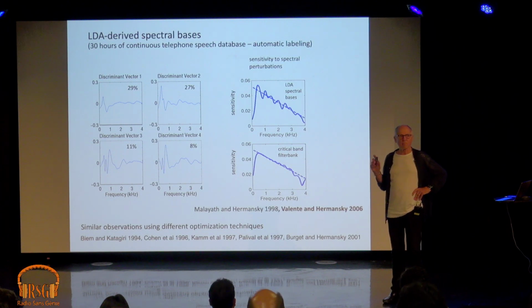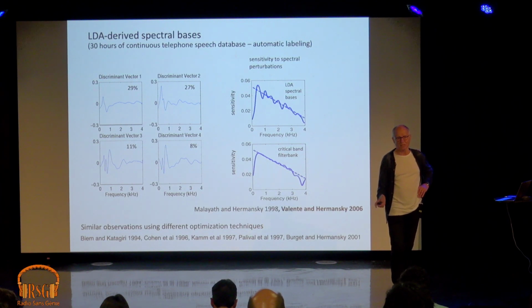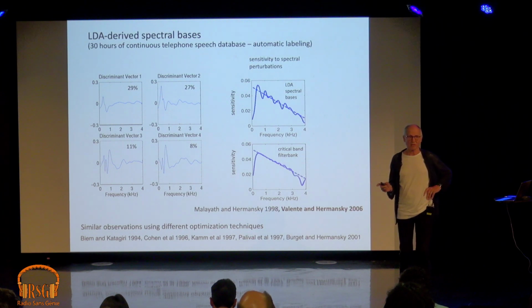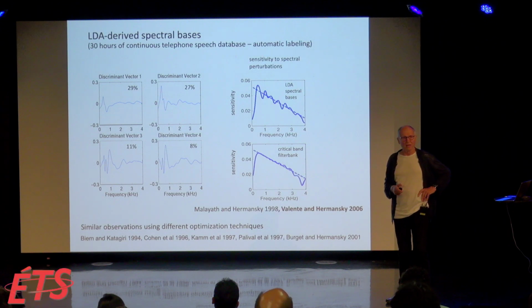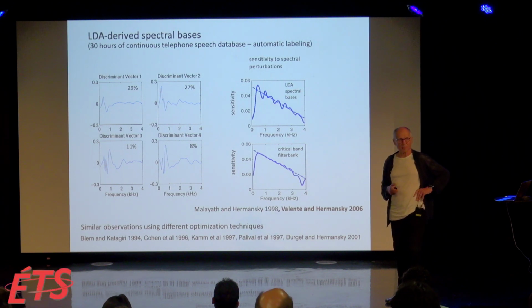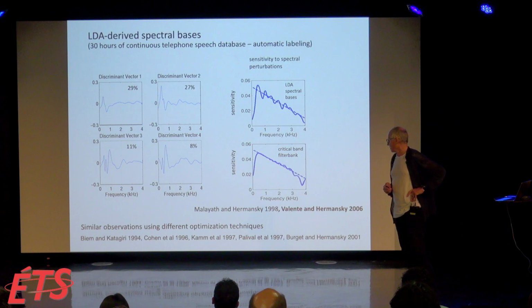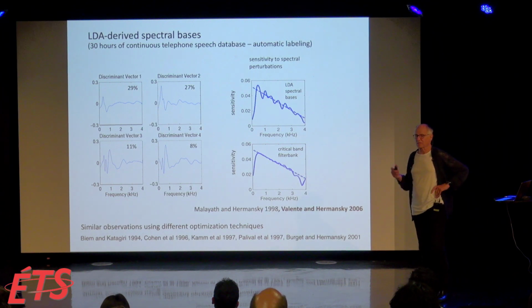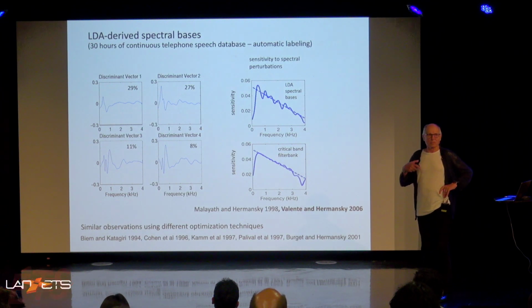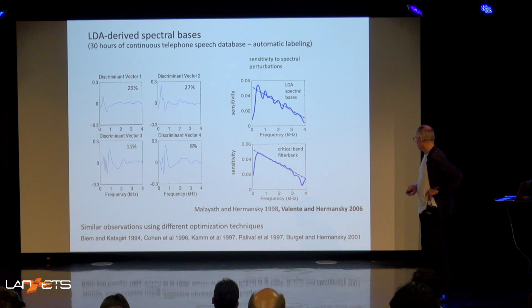This is one of the basic properties of human hearing, the non-equal spectral resolution in frequency, known since the 30s of the 20th century from early masking experiments at Bell Laboratories by Harvey Fletcher, and since then repeated so many times that even most doubtful people don't actually doubt this fact. Okay.